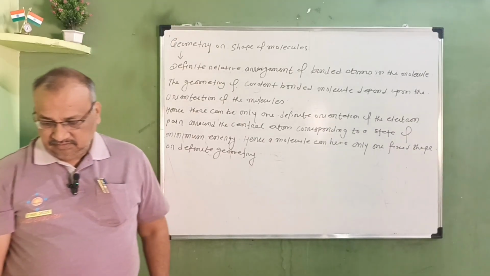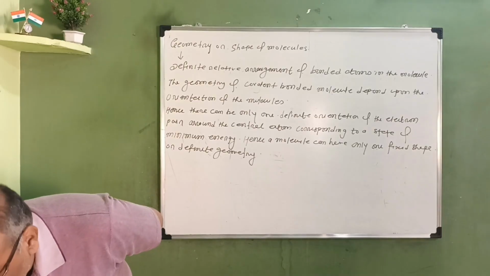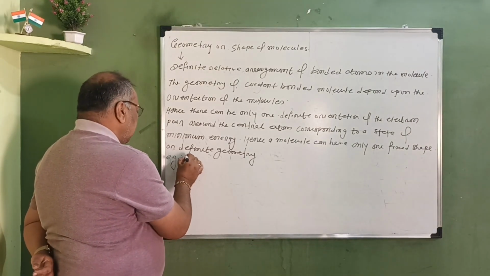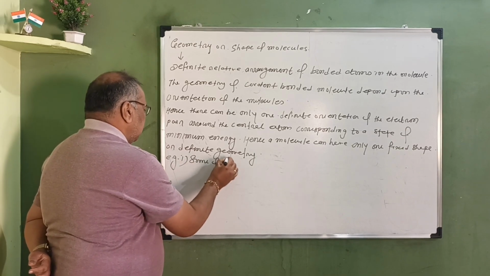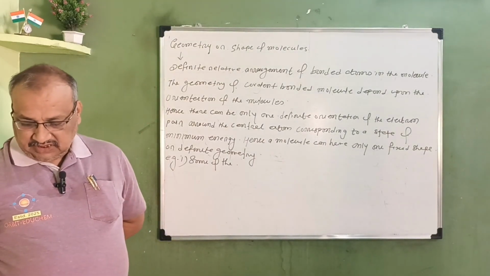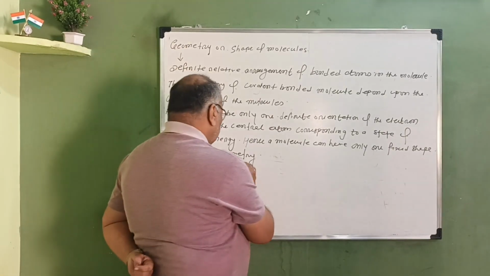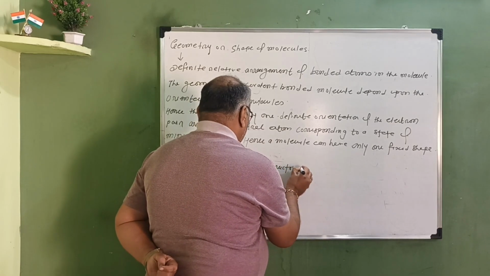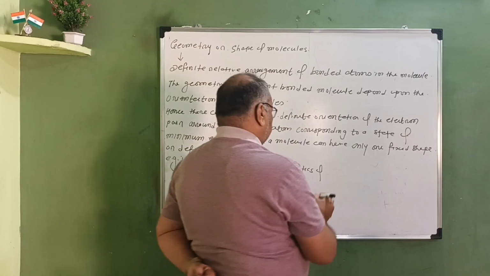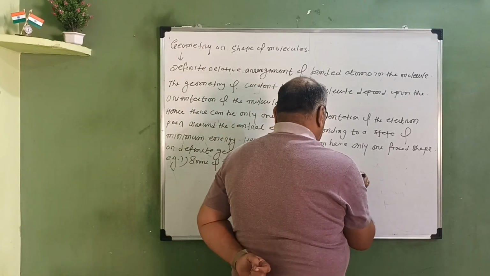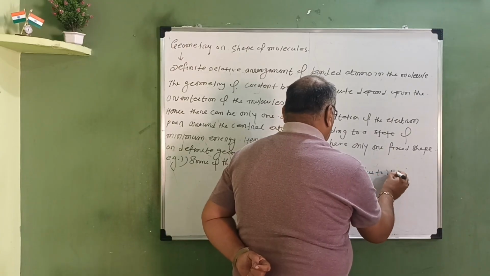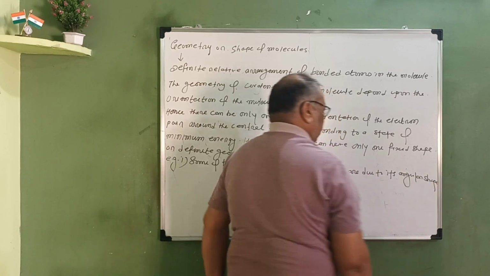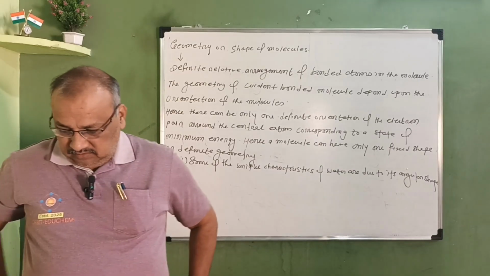That means here, write down an example: some of the unique characteristics of water are due to its angular shape, or angular geometry.